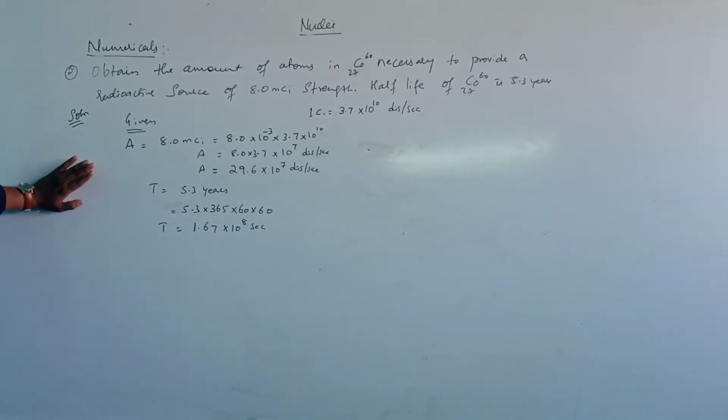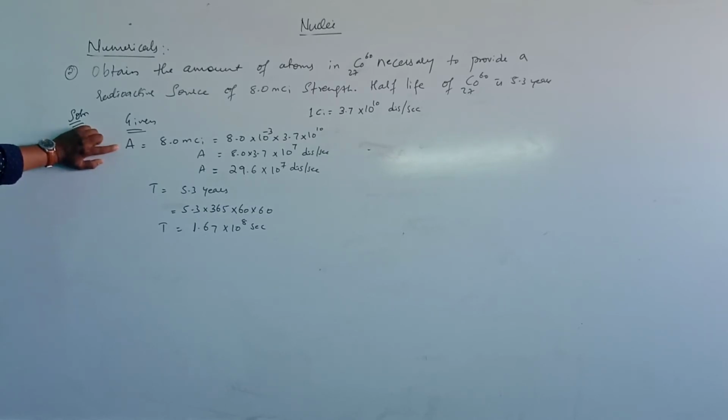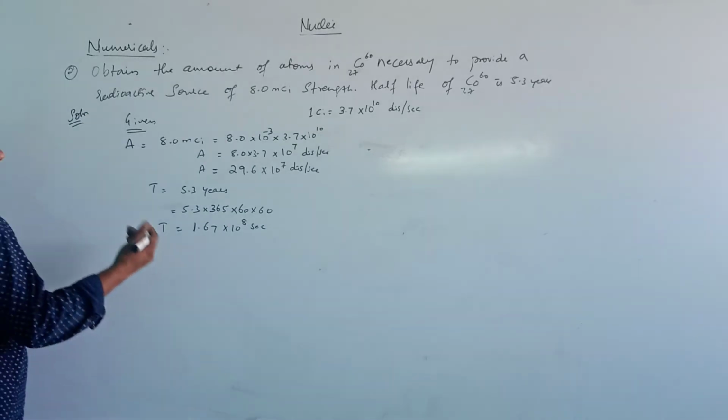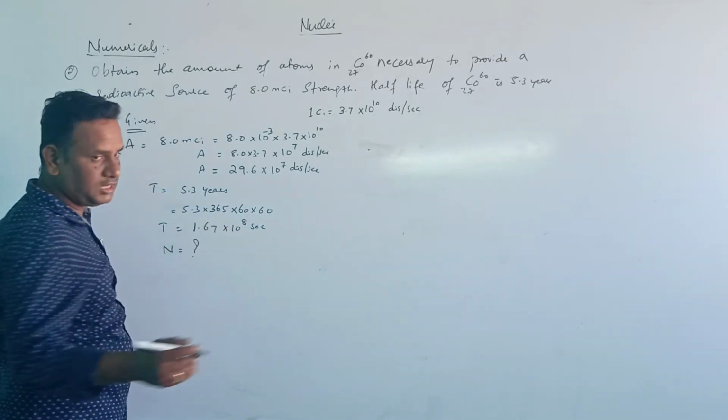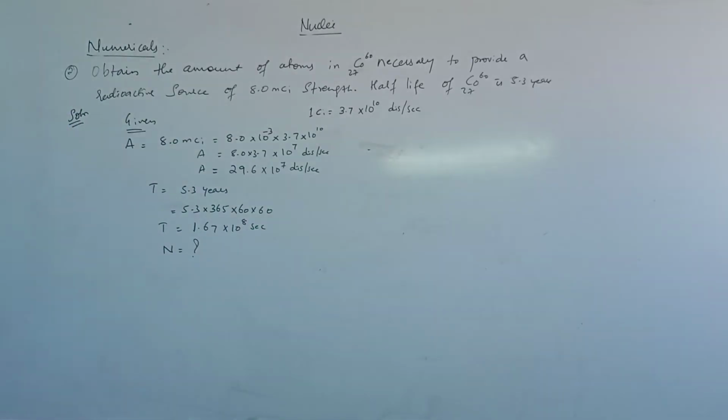Okay, now we got to know the activity value and the half life also. Now let us find the amount of atoms, that is the mass of the cobalt 60. Before that, first of all we find the number of atoms. If we know the number of atoms, then we can find out the mass of the cobalt 60.